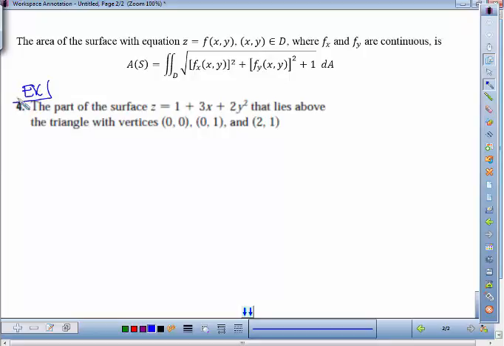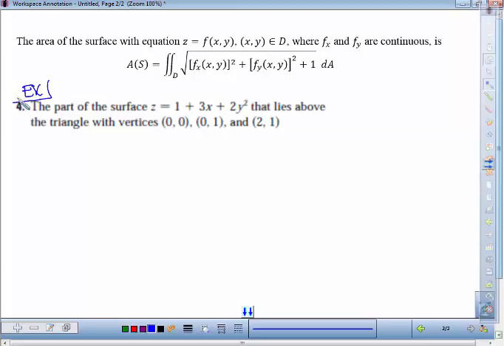Example: the part of the surface z is equal to 1 plus 3x plus 2y squared that lies above the triangle with vertices at (0, 0), (0, 1), and (2, 1).